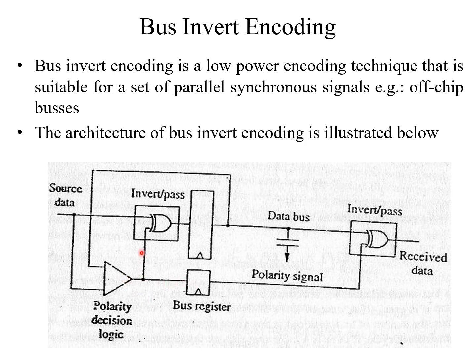This output goes to the exclusive OR, it has a bus register, and the polarity signal goes to the input of this invert bus. This is the data bus, and you have a feedback, so whatever the data is, we will get it at the received data.